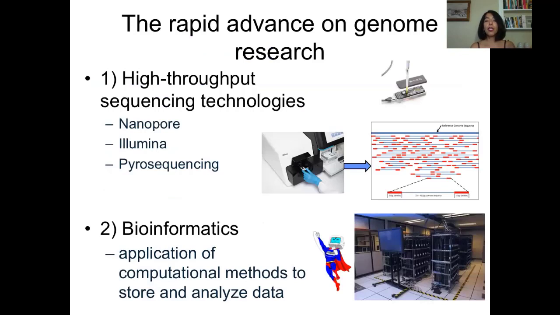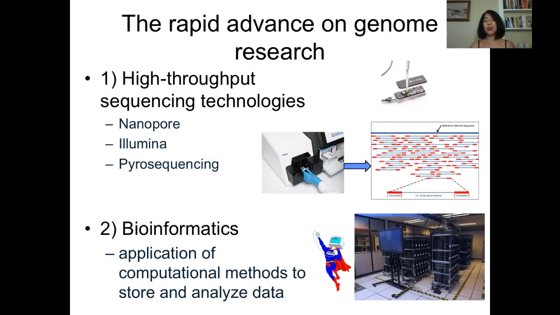For this, we have to go through high throughput sequencing. And these technologies have evolved in the past 2 decades. Before that, we used to sequence with what is called Sanger sequencing, and it's not high throughput. We used to sequence a few hundred base pairs with that technology.